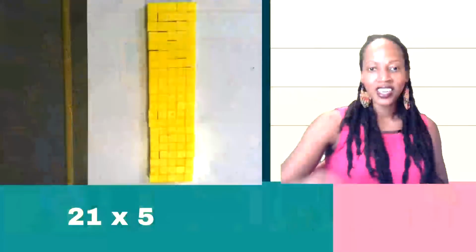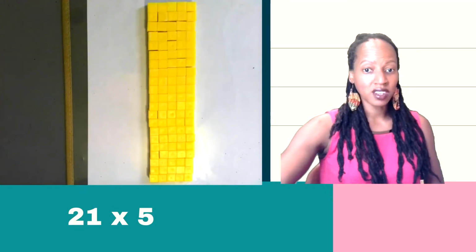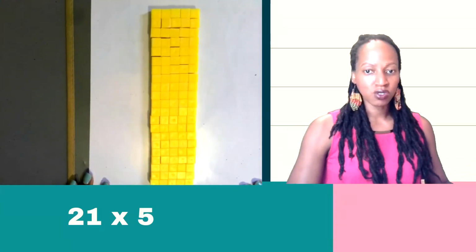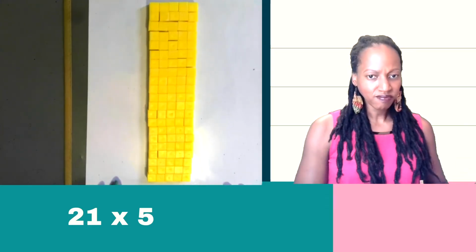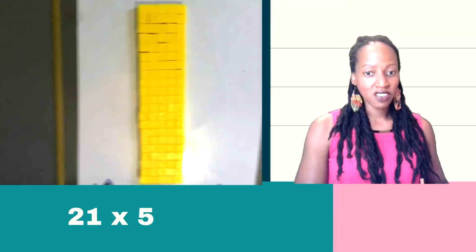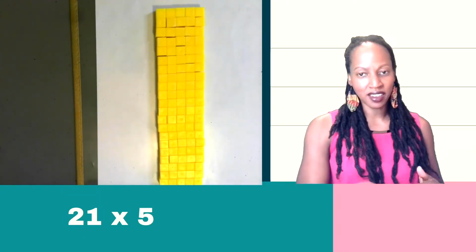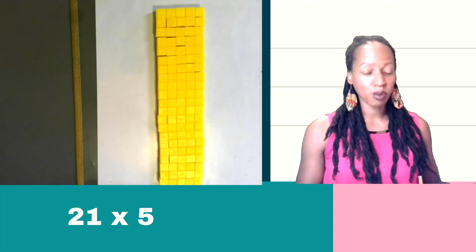All right, here's our first example. If I'm thinking about multiplying the number 21 times 5, how do you think I could decompose or break apart the number 21? Well, if I was thinking about the number 21, I'm going to write it down. I'm going to use this distributive property to help my thinking.